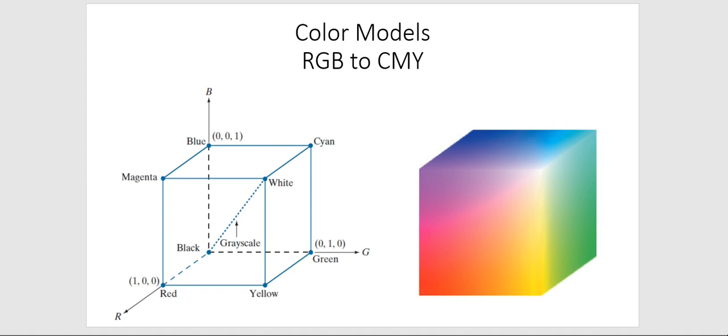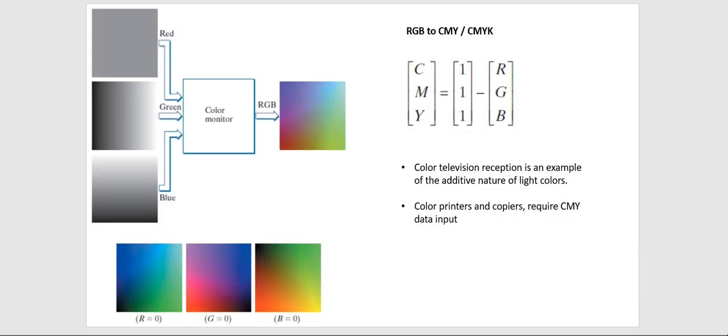A combination of blue and red will give you magenta, which means that magenta is the absence of green, and you will get yellow when there is a mixture of red and green, which means that yellow is the absence of blue. That combination of color is also shown on the cube on the right side. So here possibly we can get a better understanding.